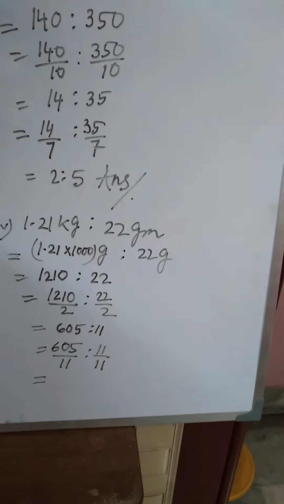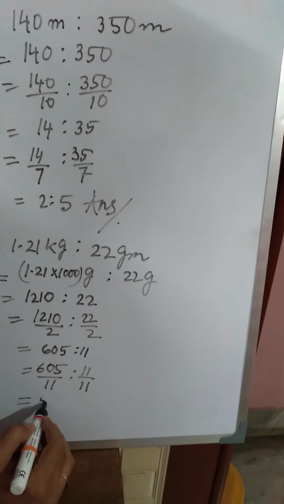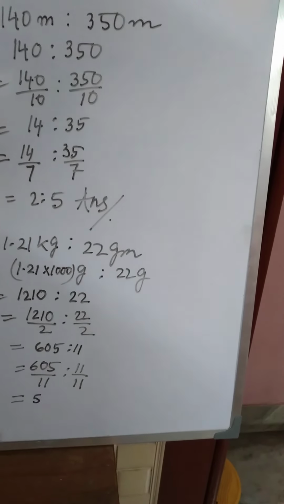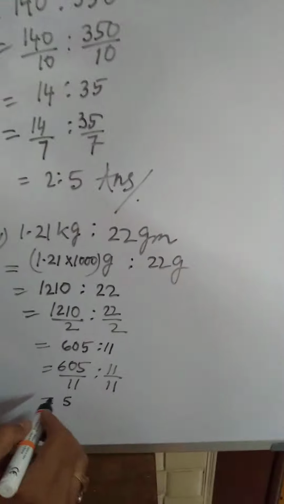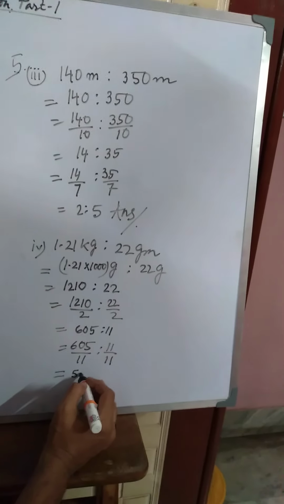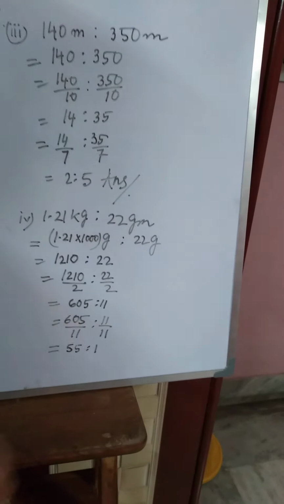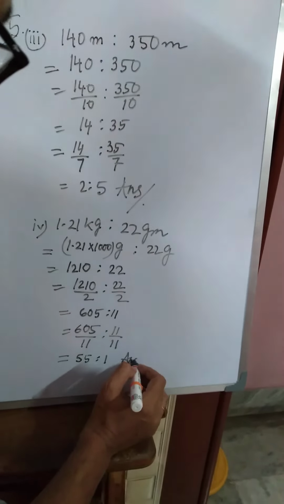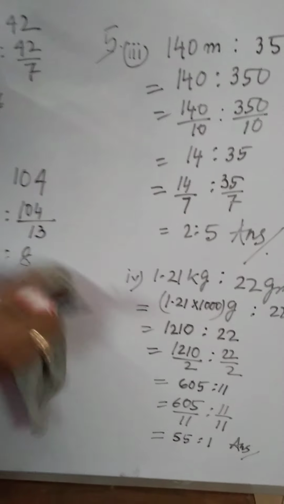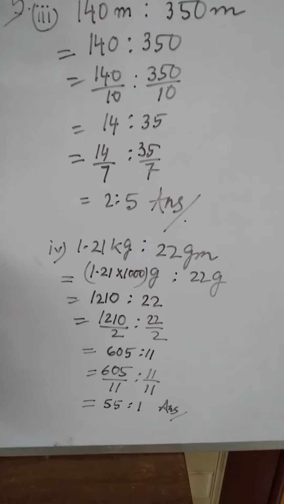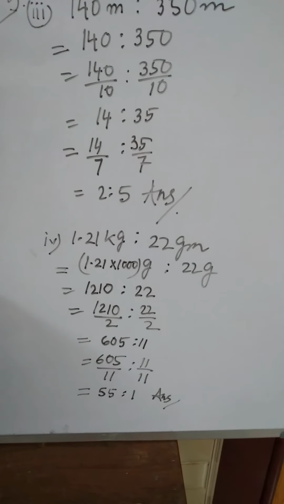If you divide 605 by 11, 5 into 11 is 55, so the quotient is 5 and then 55. So it comes 55 is to 1. So here it is, the simplest ratio of 1.21 kilogram to 22 gram. So here it is the simplest form.